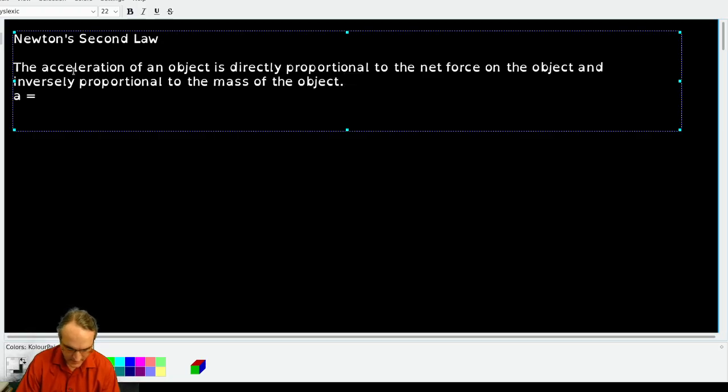So a is equal to the sum of F divided by m. Or, the way we normally write it, the sum of forces is equal to m times the acceleration.